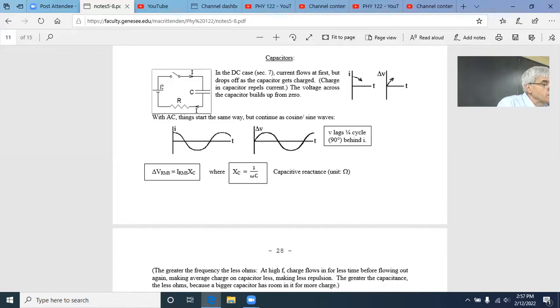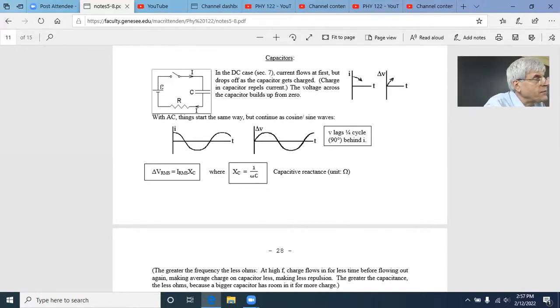And you've got over there at the bottom left corner of the page, you've got voltage equals I times XC. That does for a capacitor what Ohm's law does for a resistor. It's volts equals amps times ohms again.